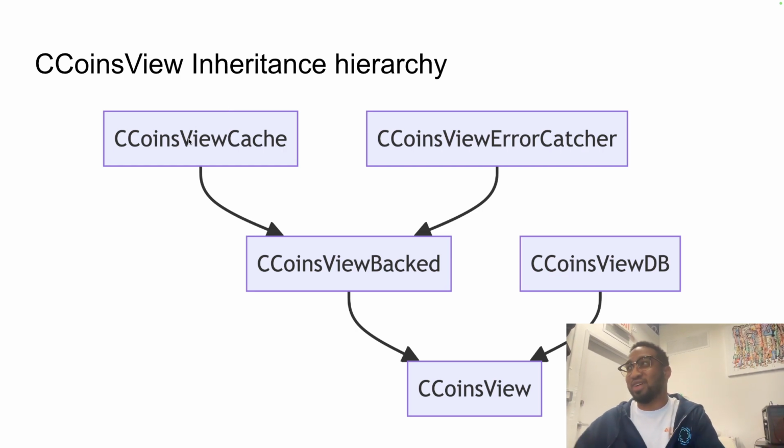You wrap the database accessor in these things because they add extra properties to just the database view. It basically allows you to have an in-memory view of the database. The cache is responsible for maintaining the in-memory UTXO set, while CCoinsViewDB is responsible for managing the on-disk UTXO set. So if the cache doesn't have anything, it'll refer to the CCoinsViewDB: go to disk and get something.